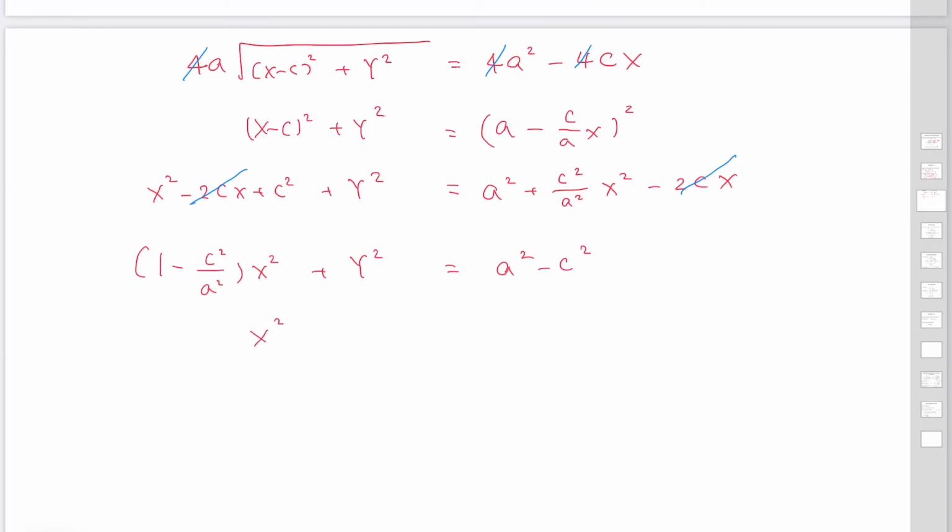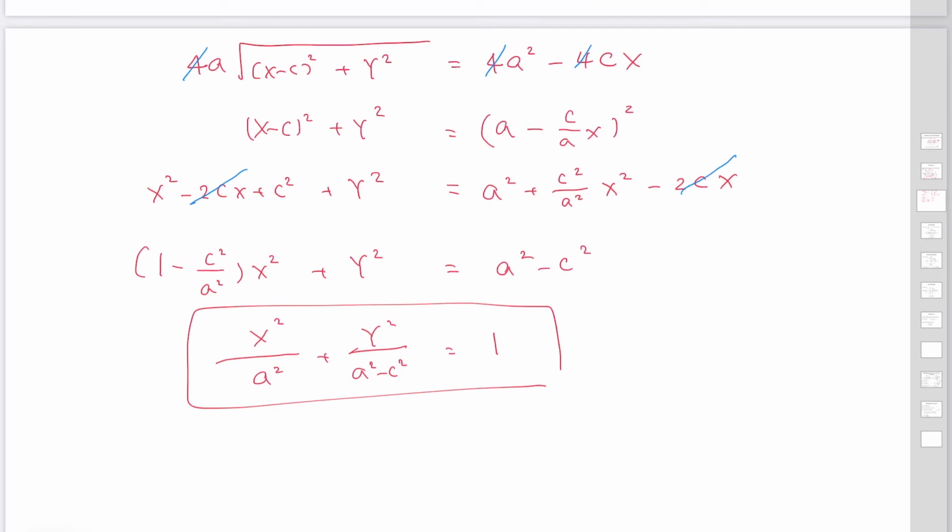So if you divide by a squared minus c squared, it becomes x squared over a squared plus y squared over (a squared minus c squared) equals 1. So we have this equation.